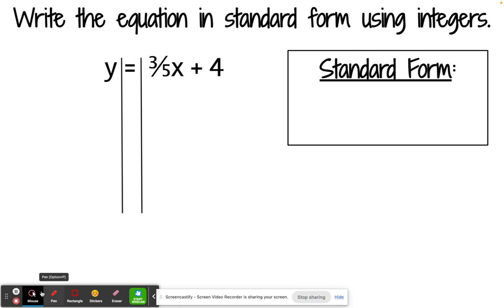This time I have a fraction. That sounds fun. Okay, so first things first, let's get my x over here. I'm going to subtract 3/5 x from both sides.